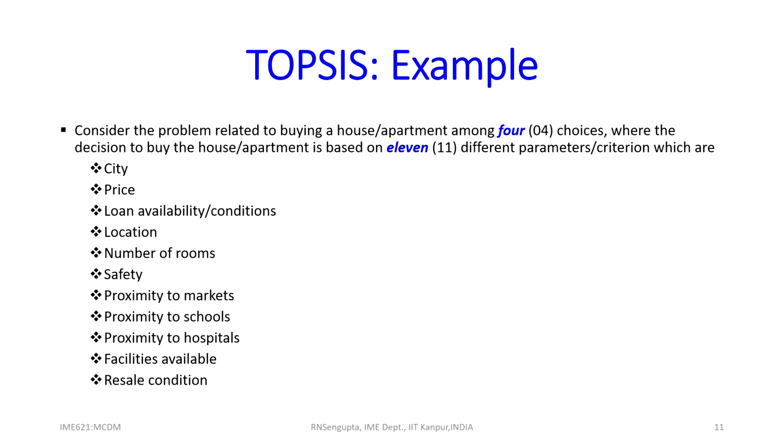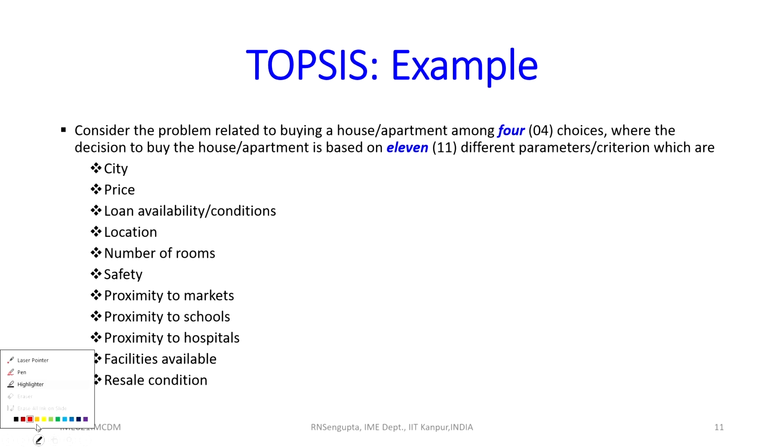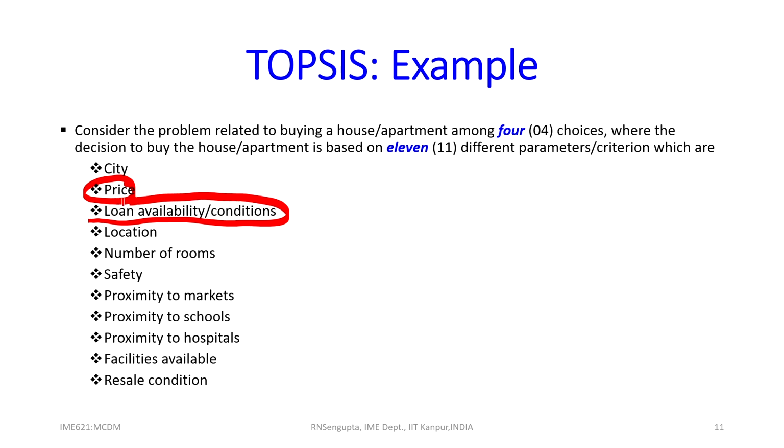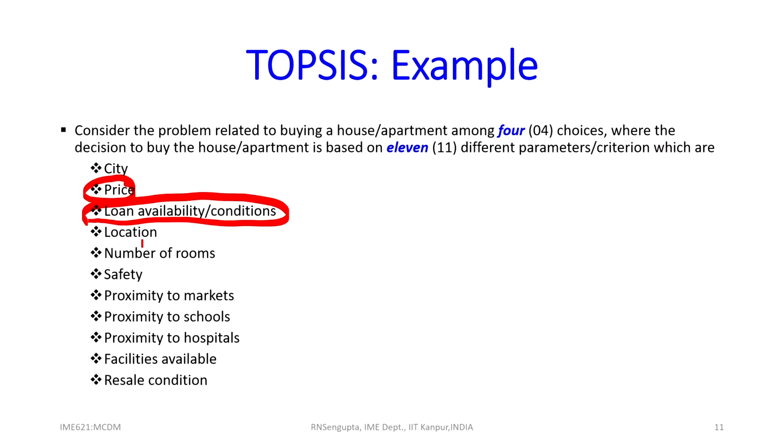Now, the question is, how do we differentiate the positive and the negative ones? Let me highlight it. Consider price: a higher price is definitely not wanted. So, we will highlight it as one which falls in the subset of negative points. If I consider loan availability, if the conditions of the loan are very stringent, then obviously it becomes a negative point.